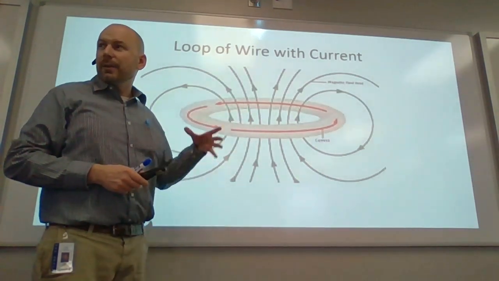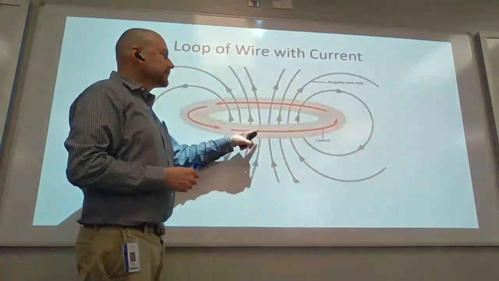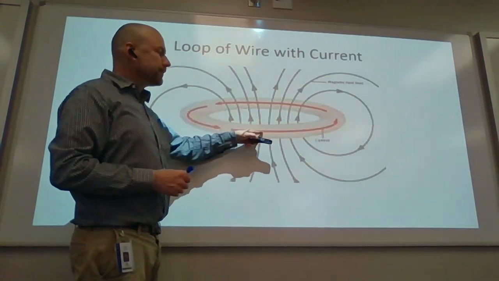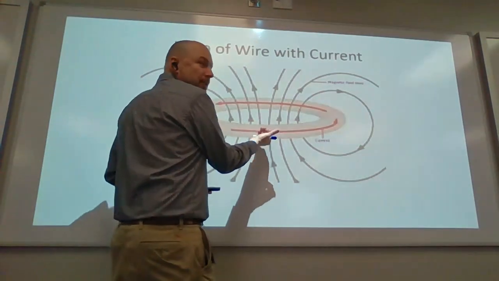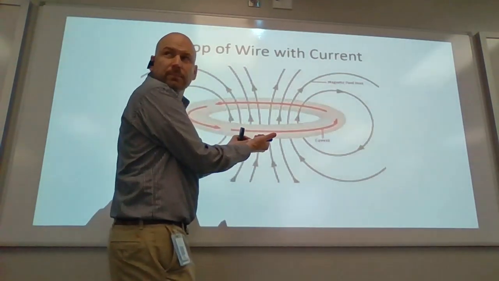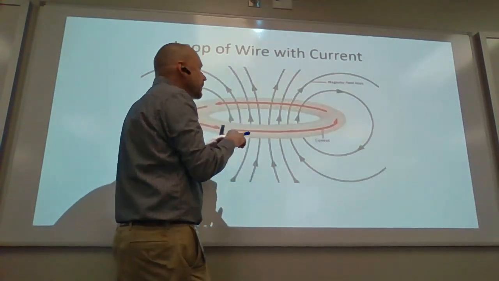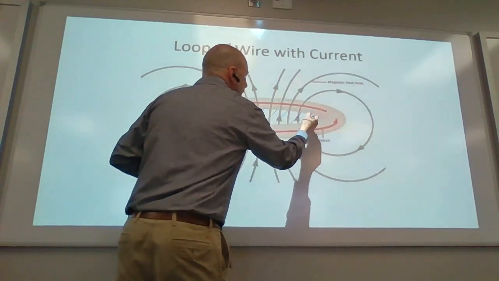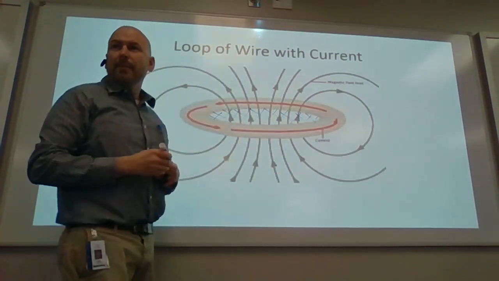A. You got to look at it three-dimensionally. You're going to pretend your pencil or pen is this closest part, and grab that with your thumb in the direction of current. What I care about is the part that's in here, this middle part.